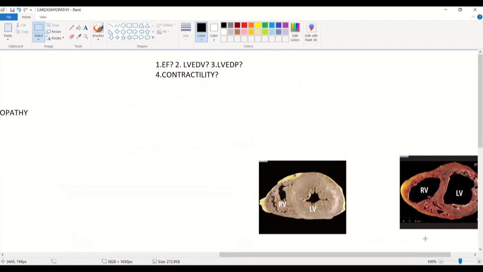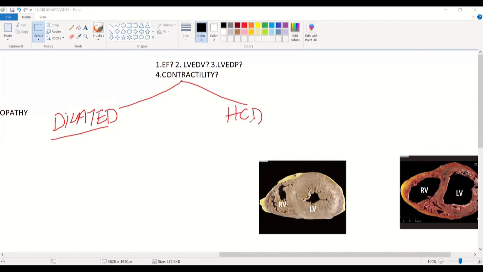Okay. So we have two conditions. This is a question for you: dilated cardiomyopathy and hypertrophic cardiomyopathy. What happens to the ejection fraction in dilated cardiomyopathy? It will decrease. What happens to the left ventricle end-diastolic volume?